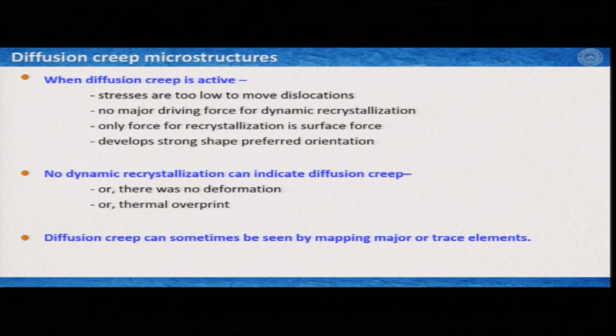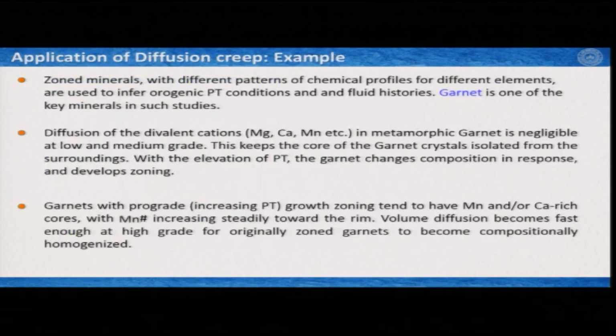And also, very interestingly, because diffusion creep is essentially movement of the atoms, it is used heavily by petrologists and metamorphic petrologists for mapping the movement of major and trace elements, and this also gives you an idea of the pressure and temperature of the deformation and metamorphism as well.